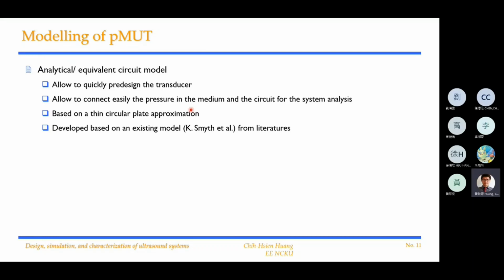Our supporting layer vibrating will bring the particles inside the medium to start to vibrate and generate waves propagating out. So in general, we will have at least 3 domains in a PMUT: the electrical domain, the mechanical domain, and the acoustic pressure domain.